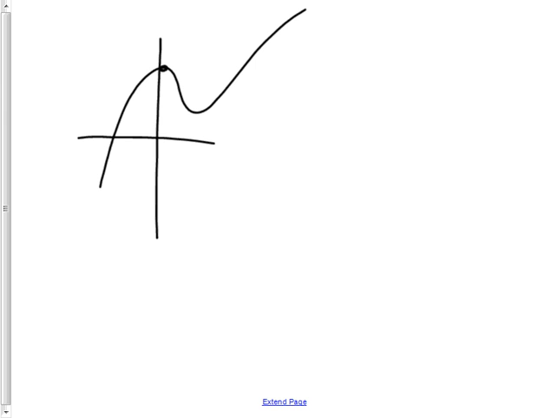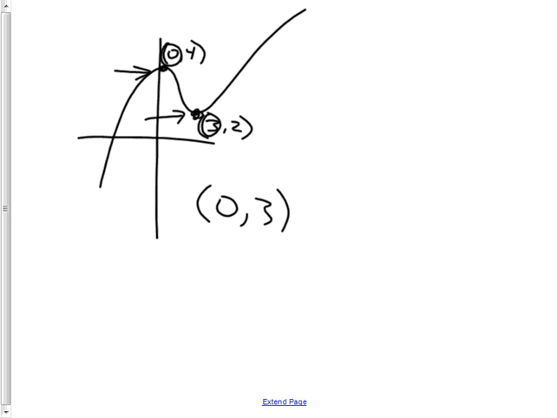And that thing I showed you on the calculator called minimum, it would tell you this spot right there. Let's say it says it's at 3, 2, and let's say this is at 0, 4. Well, I know it decreases between 0 and 3. That would be the decreasing part. So you might need to find these points using maximum and minimum on your calculator.